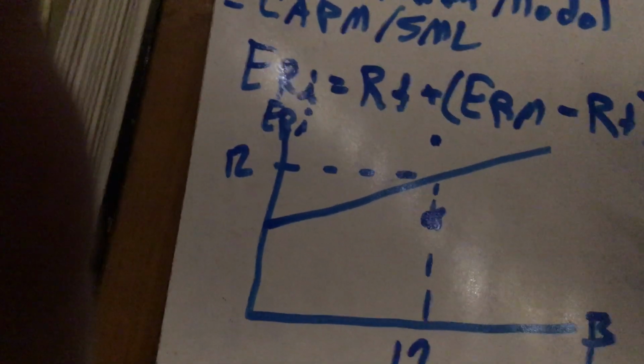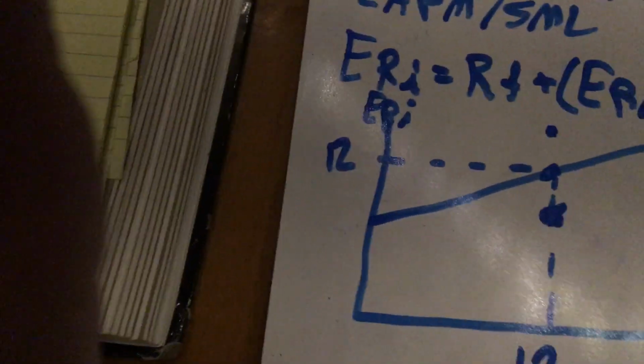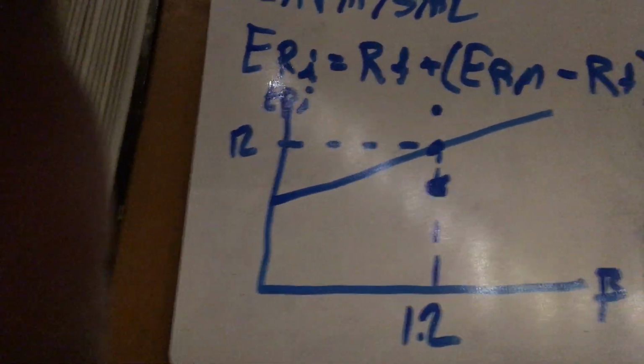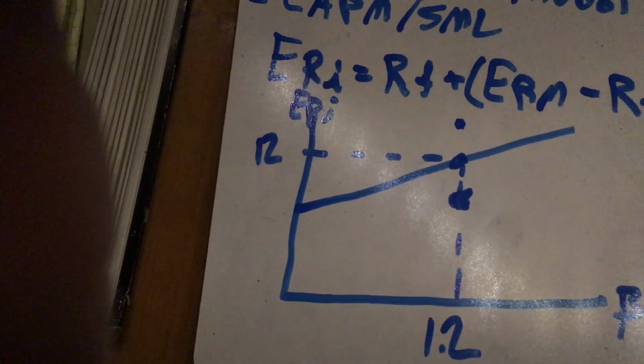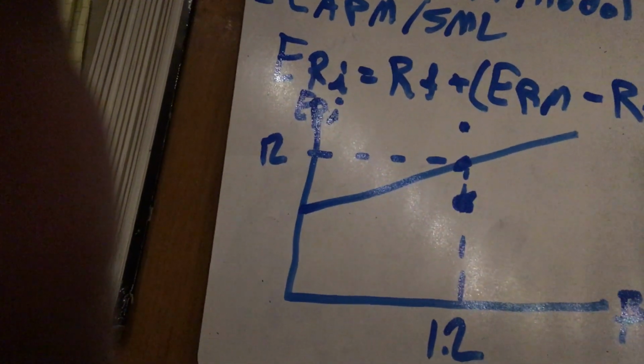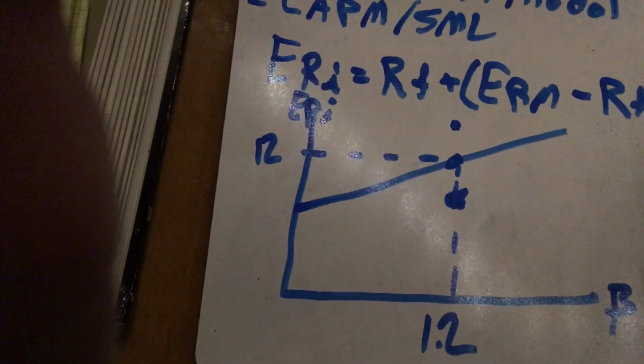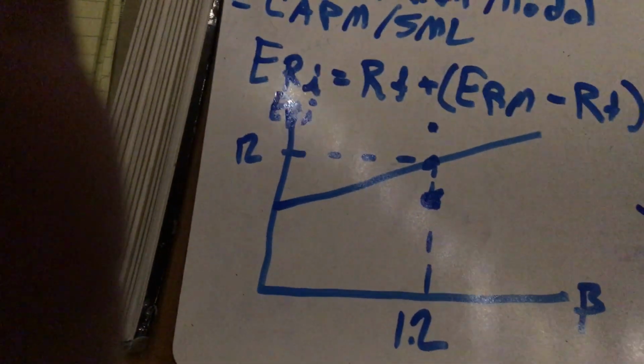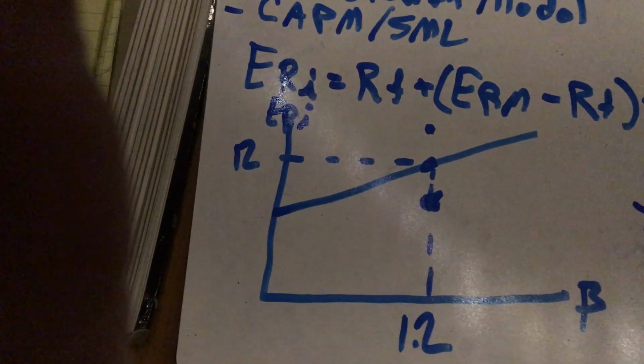But just by way of example, this dot on the security market line, let's say that we have a $100 share price and you're earning 12%, so $12 for 100. But then what if it does go up? It goes up to 14.